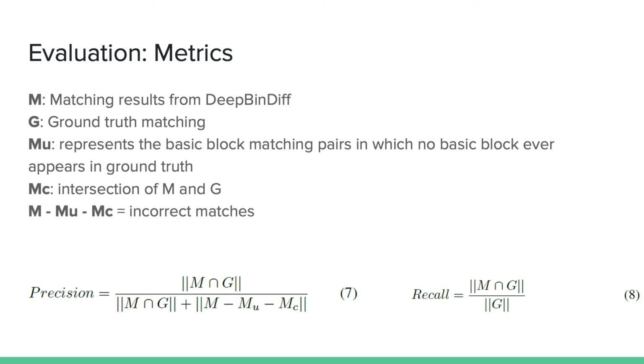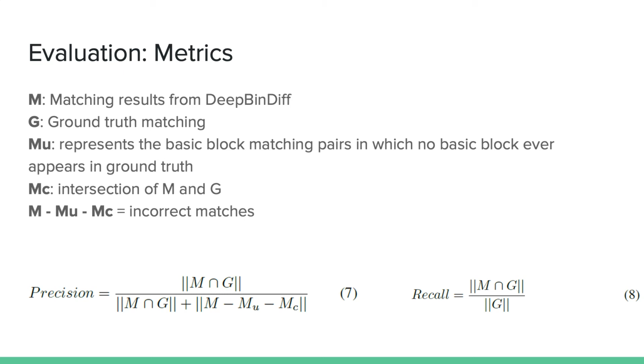This is possible because they eliminated some statements that might create multiple basic blocks. And MC is the intersection of M and G. So MU minus MC is just incorrect matches, because we know they're not supposed to be in the ground truth.